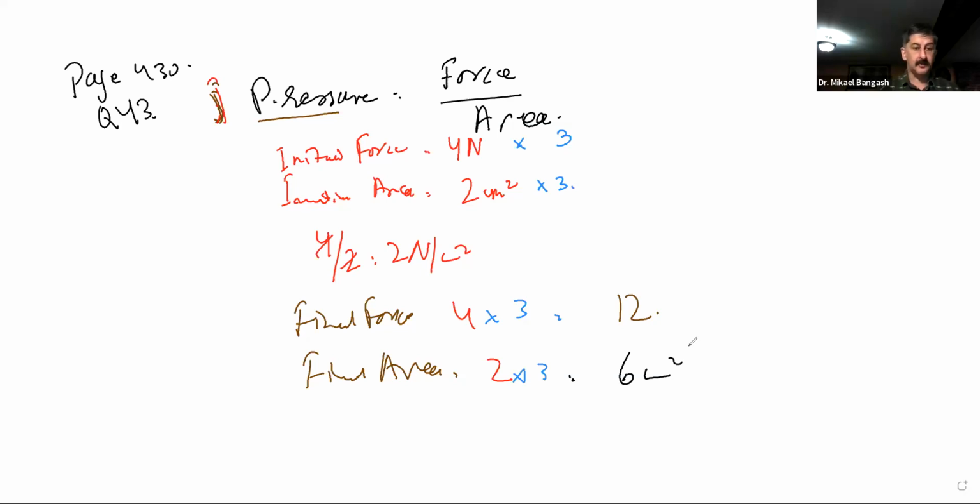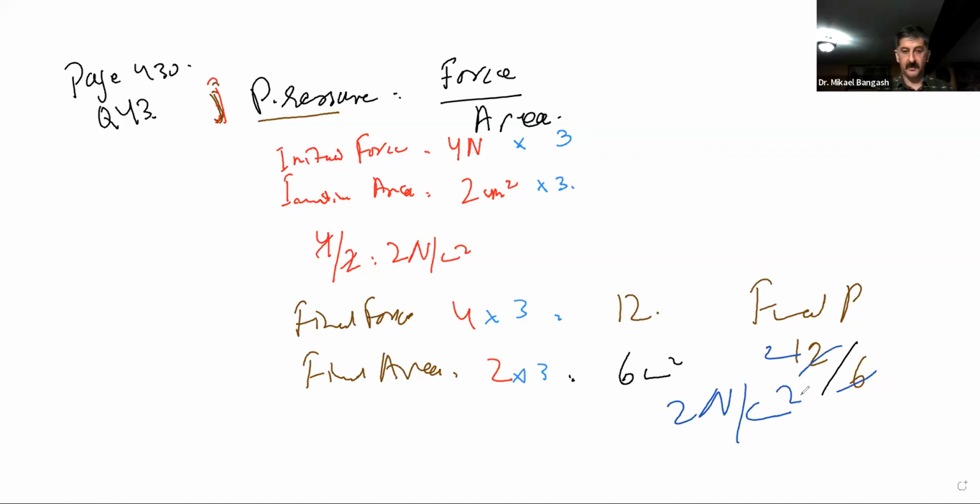And now it just comes down to calculating the final pressure. That's going to be your final force, which is 12, divided by the final area, which is 6, which becomes 2 newtons per centimeter squared.